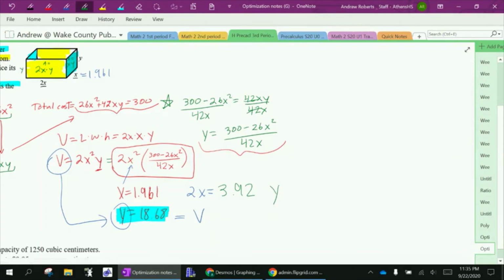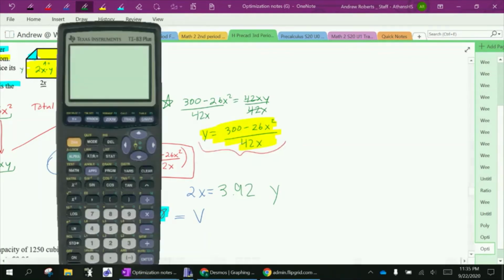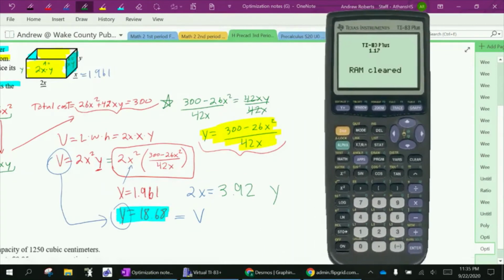Well, we have an equation for y right here. So I'm going to put that in my calculator. And what I'm going to do is I'm going to store 1.961 for x.